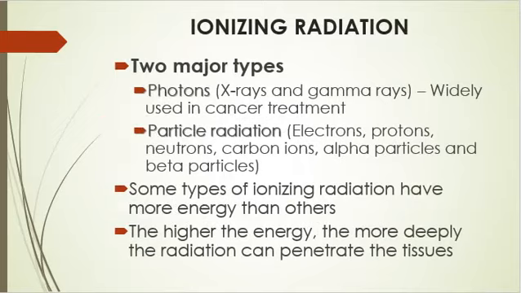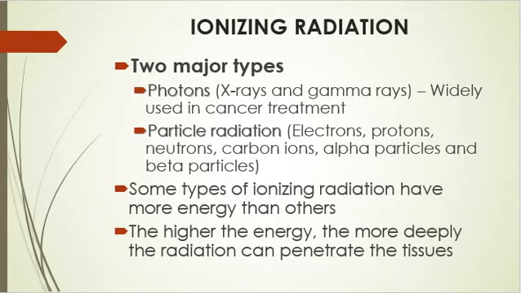Ionizing radiation is usually of two major types. One is photons, which are X-rays and gamma rays. These are mainly used in cancer treatment. And then there is particle radiation in the form of electrons, protons, neutrons, carbon ions, alpha particles, and beta particles.